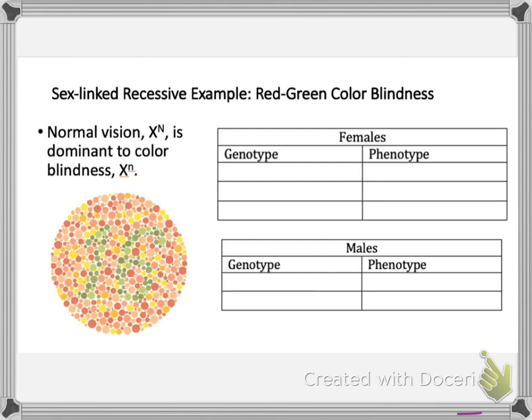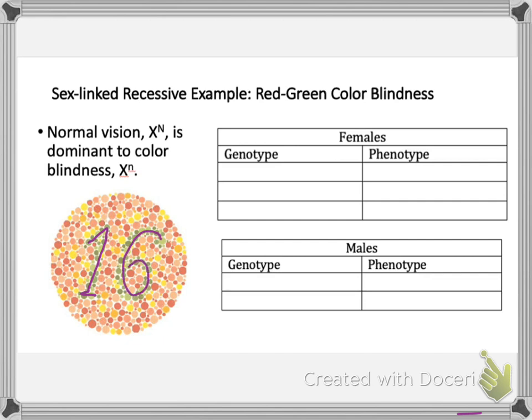All right, so let's look at an example of red-green color blindness. This circle of red, yellow, and green dots is a color blindness test. Now, if you're colorblind, you have difficulty differentiating between the colors of all of those dots, and you may not notice that there is a number hidden inside this test.